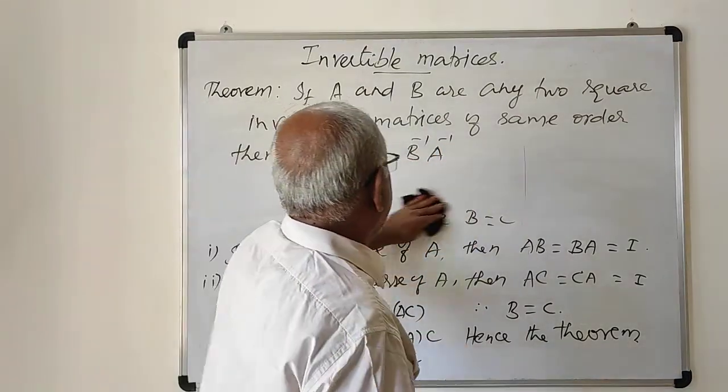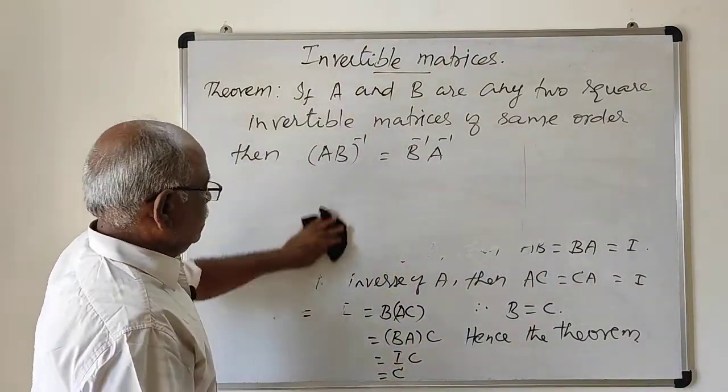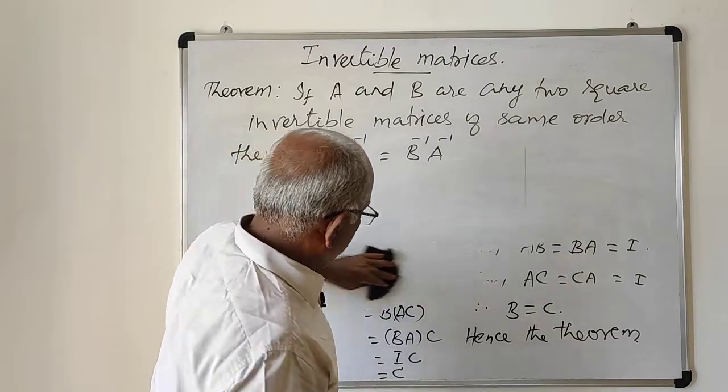That is, (AB) inverse equals B inverse A inverse.